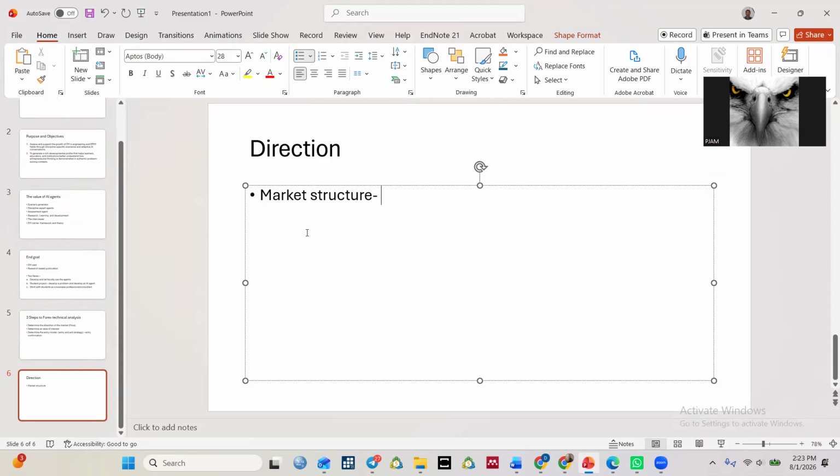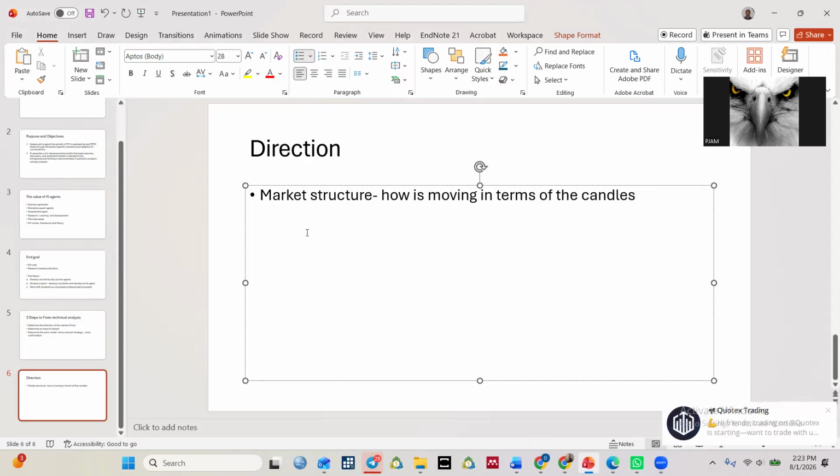The market structure is simply how price is moving in terms of the candles that are being used to represent the price, or whether a line chart or something like that. So how price is moving in terms of the candles.